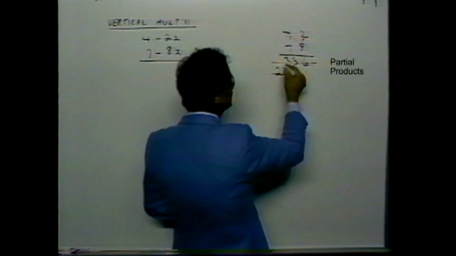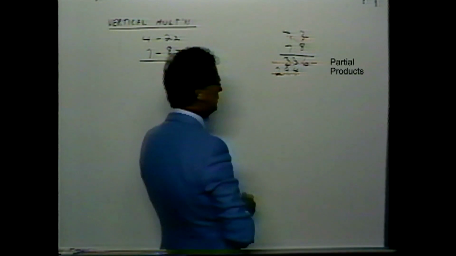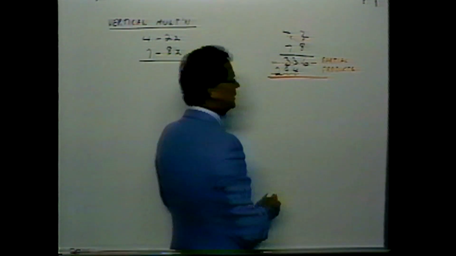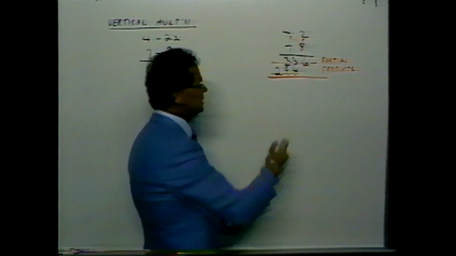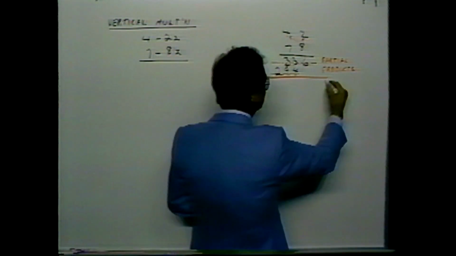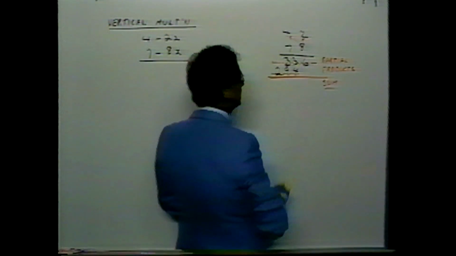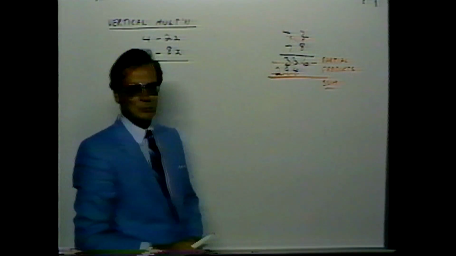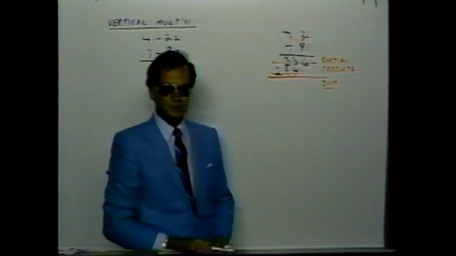These are sometimes referred to as partial products. The total product would be the sum of these two rows of numbers, right? So that's how we would normally multiply when dealing with ordinary numbers.